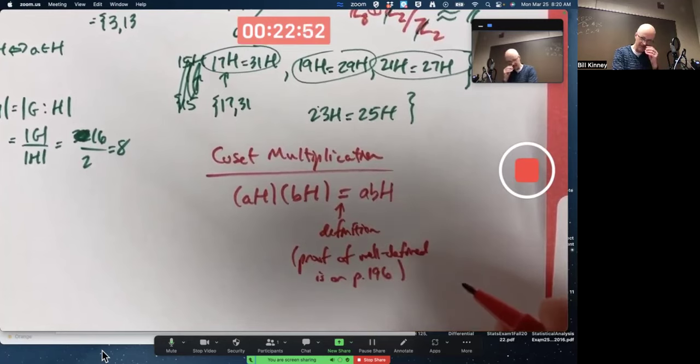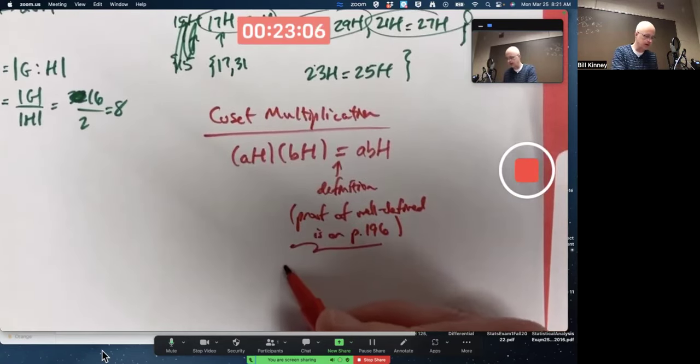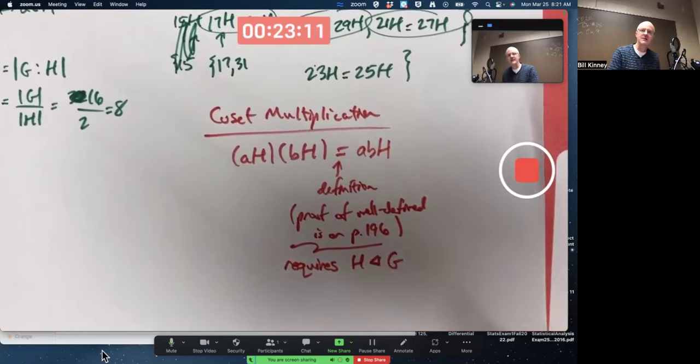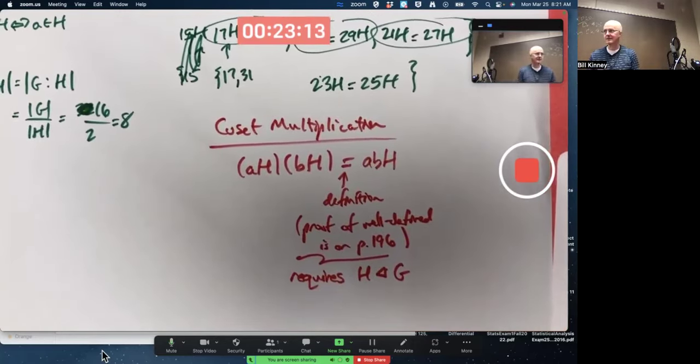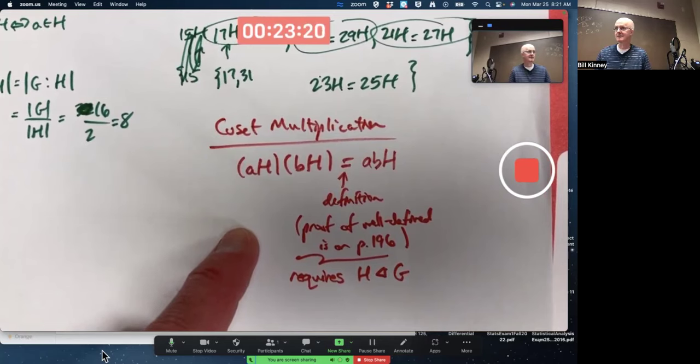It's a big deal to prove that this operation makes sense, and it requires H to be a normal subgroup of G, not just any subgroup of G. This requires H to be normal in G. That's why normality is important. One reason is so that this makes sense. So you can prove it makes sense, and then you can use it for applications.